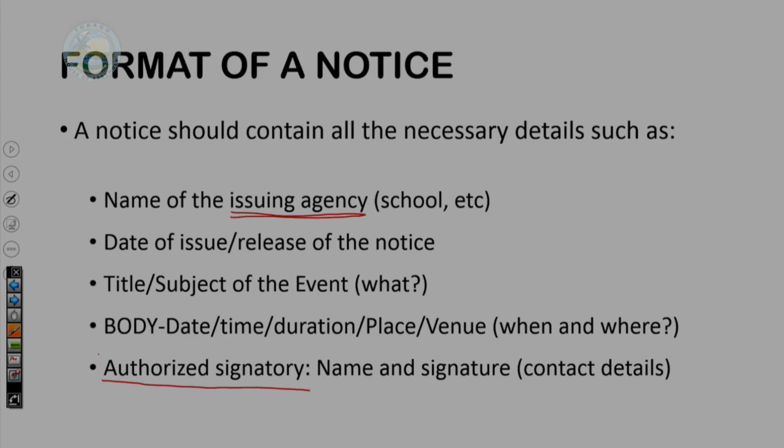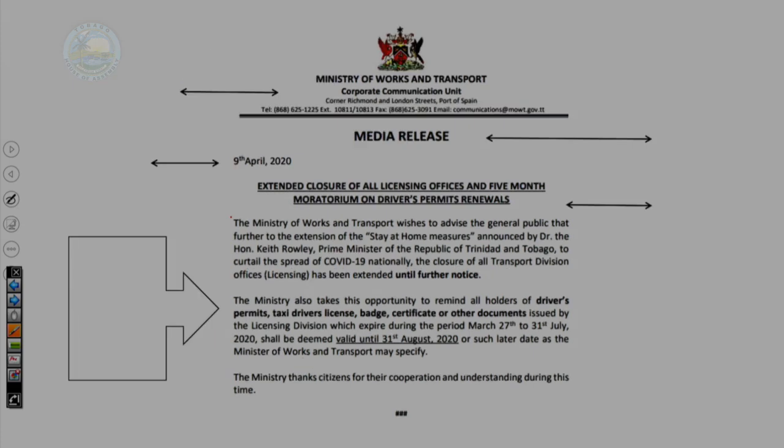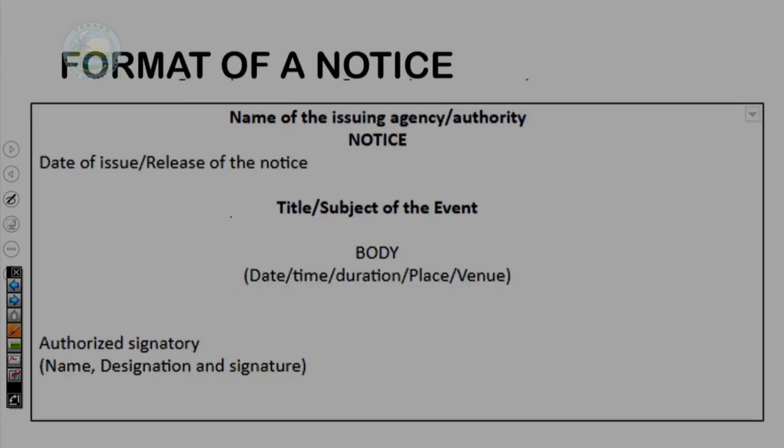So let's see how to make some sense out of this when we talk about the actual format of a notice, and we'll go through this step by step. The format of the notice: we talk about the name of the issuing agency, and that goes at the top of your notice.